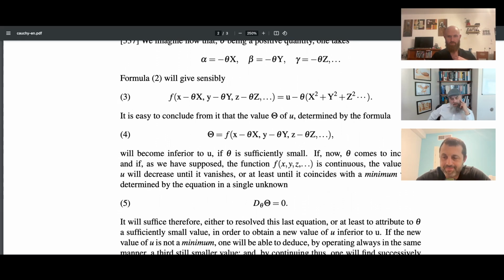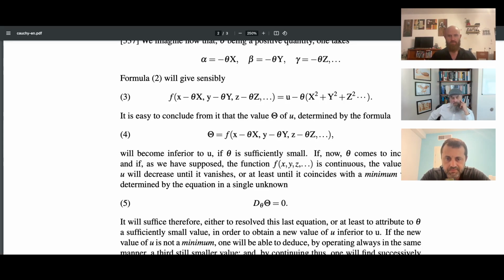Yeah, or step size in gradient descent. We call it learning rate in machine learning, but in optimization we call it step size. And capital X, Y, Z are the partial derivatives with respect to x, y, z. Yeah, and this is eventually proportional to the negative gradient, right? Yep. And as you said, theta is the step size.